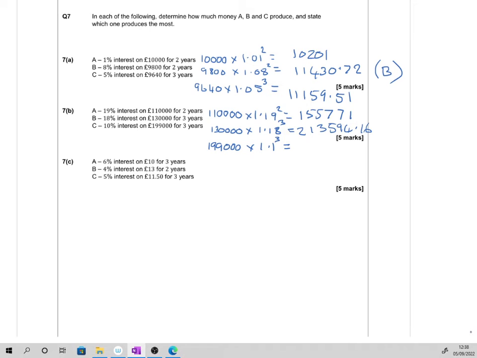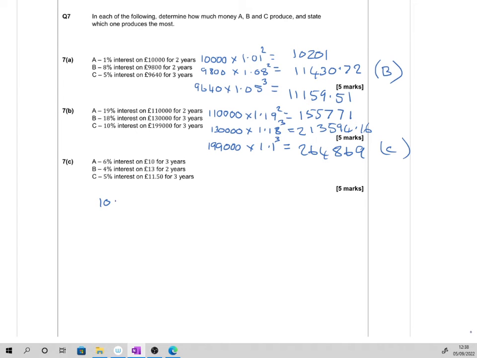And this one, 199,000 times 1.1 cubed equals 264,869. Who's got the most? This one, C.